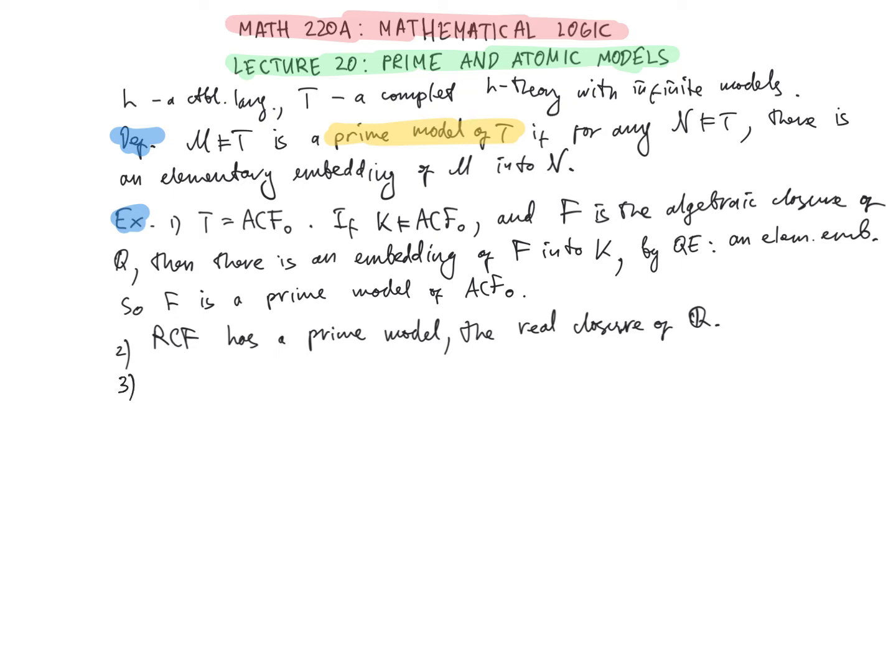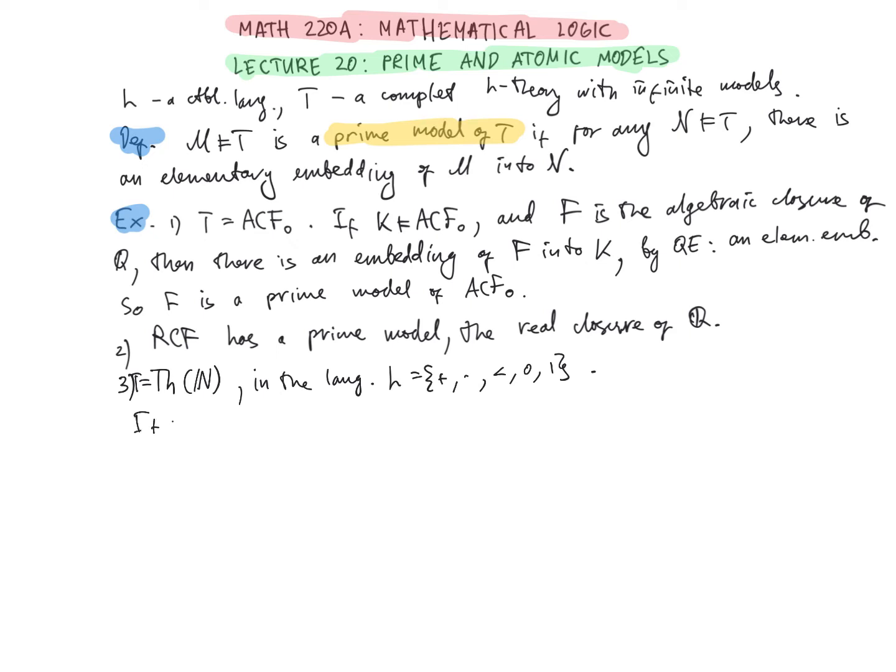And for a third example, we consider the theory of the natural numbers in the language L consisting of addition, multiplication, less than, 0, 1. So then T is the theory of true arithmetic.